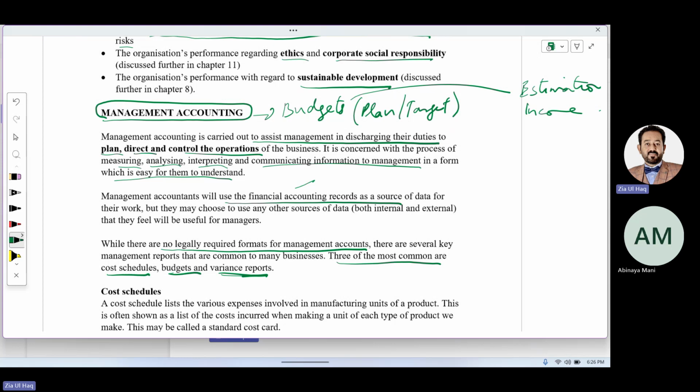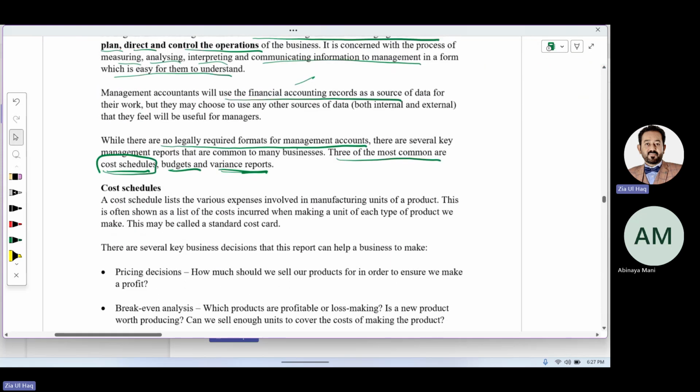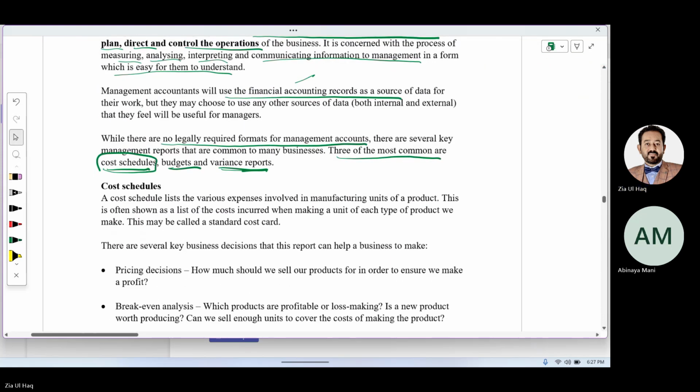There's another component of a management account, the cost schedule. What is a cost schedule? To produce one product, what are the costs included? The detail of all the costs included in the production of one product is called a cost schedule.